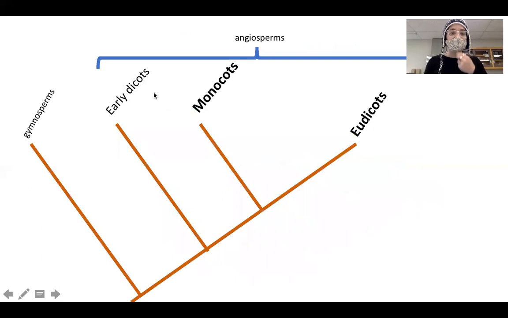Here we have our early dicots, and then we have a split between the monocots and the eudicots. You can basically forget about the early dicots for now. We're going to be looking at monocots and our eudicots. And all of these groups encompass our angiosperm group that we looked at. So there are just groups within groups in plants because there are so many.